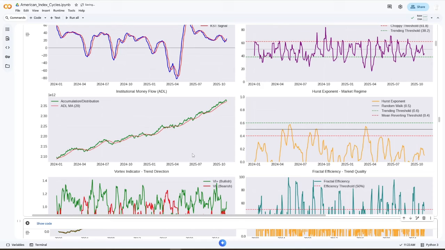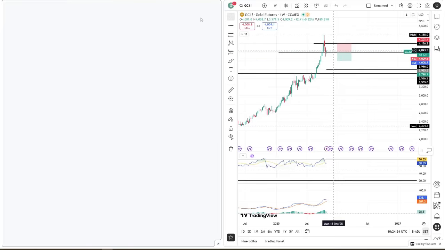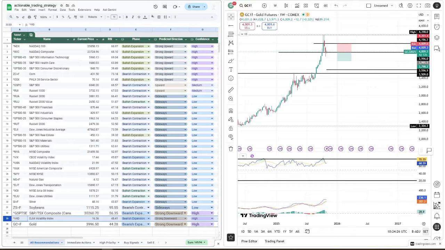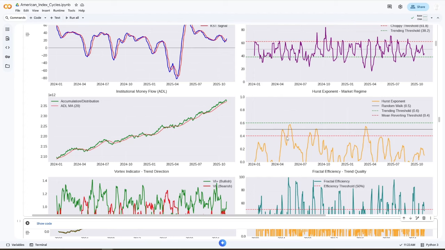So if you have a dashboard that tells you, okay, you are in a bearish contraction, and wait for another signal, then you have a TD sequential which tells you, okay, you are overbought, and then there can be a sell signal in the market. You have a short-term pullback.